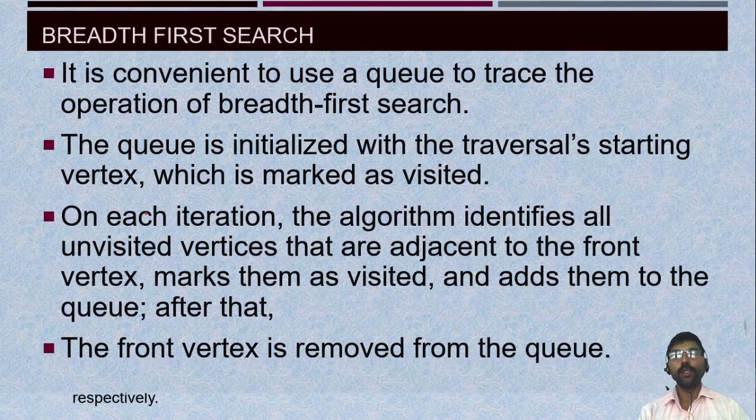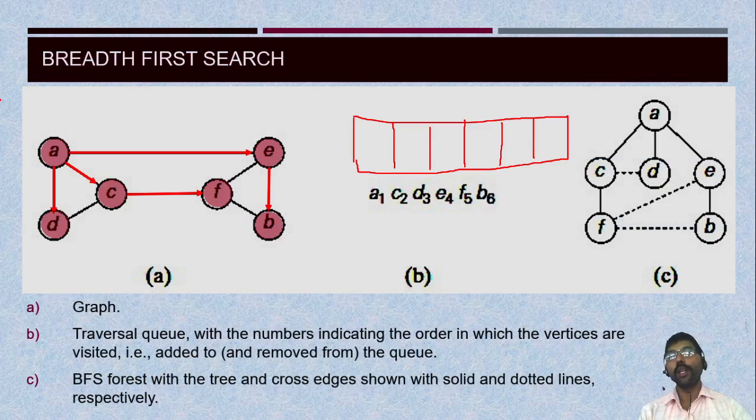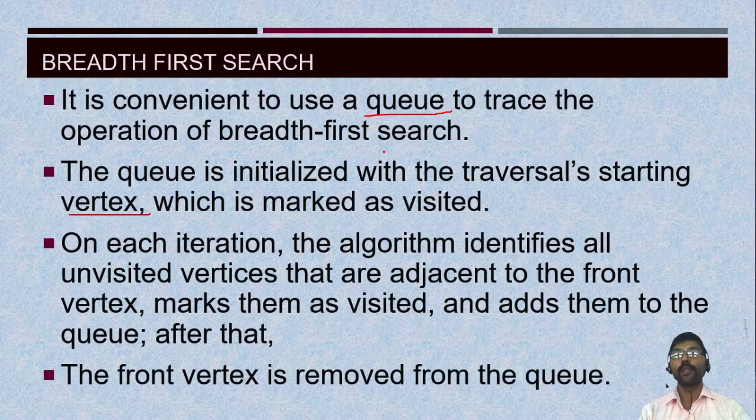In our case, the starting vertex is A. So the queue is initialized with the vertex A, which is marked as visited.